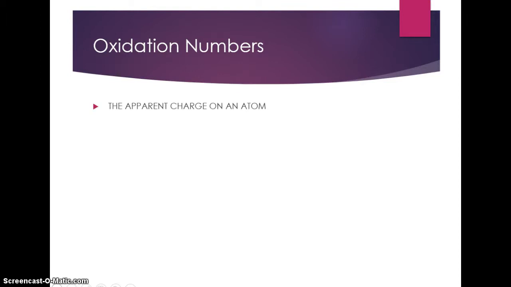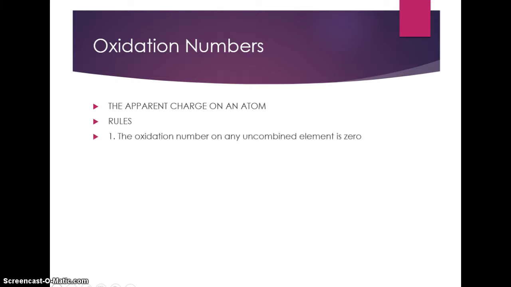Oxidation numbers are the apparent charge on an atom. It's very similar to charge, but it's not 100% the same. And so there are some rules that you need to know.